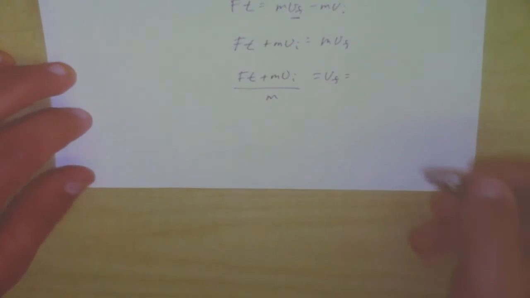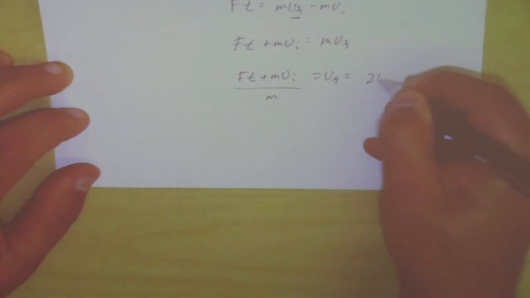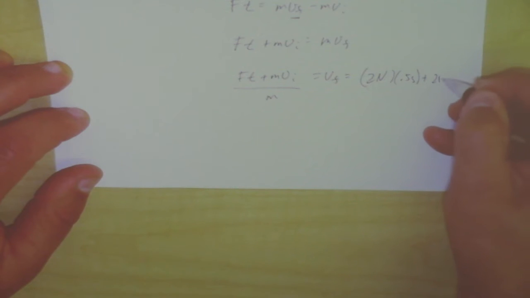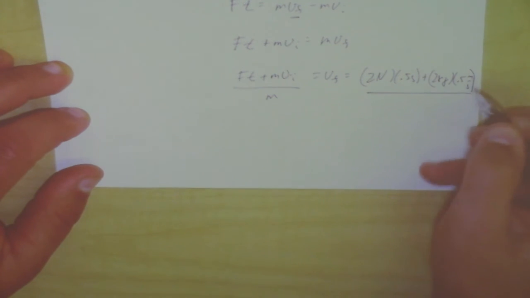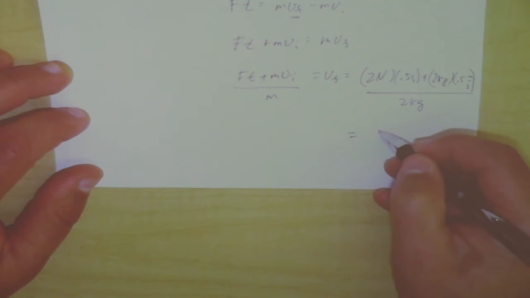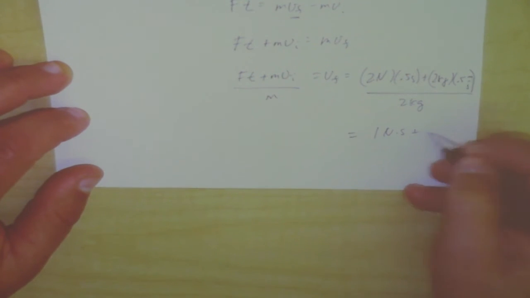So we have 2 newtons for a half a second plus 2 kilograms times 0.5 meters per second divided by the mass, which is 2 kilograms. So this would be 1 Newton second plus 1 kilogram meter per second.